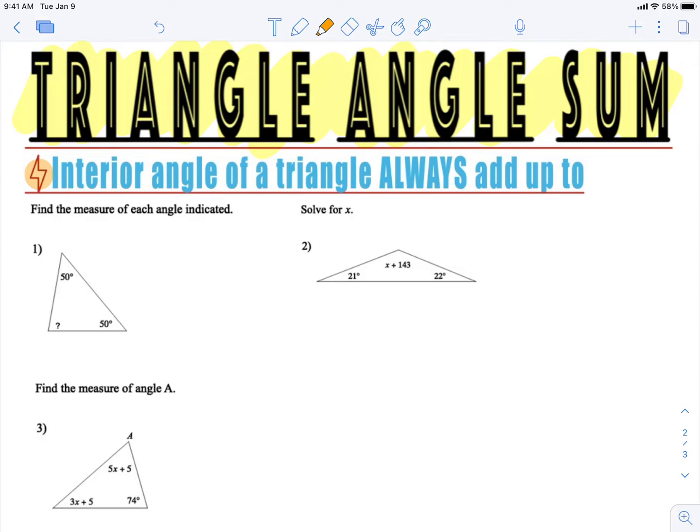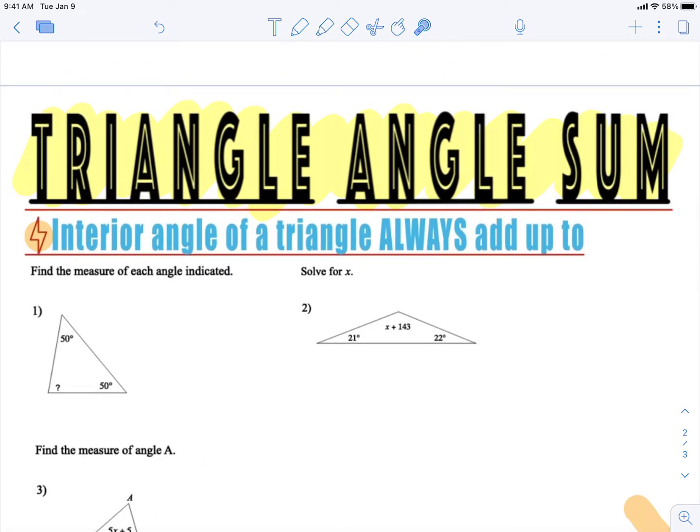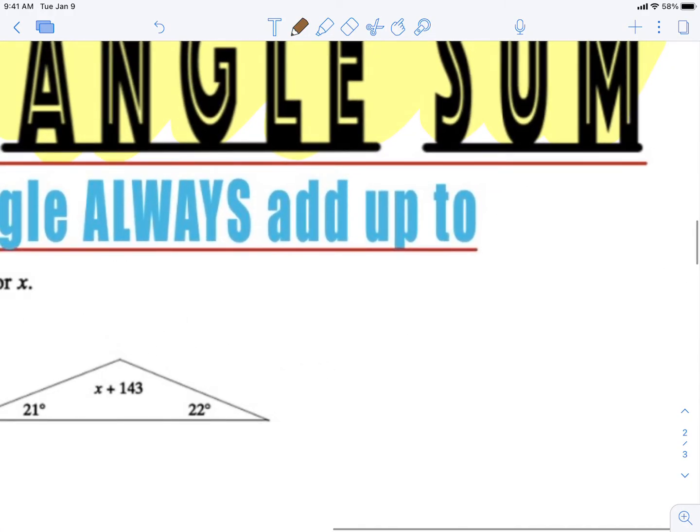What we're going to see is the first lightning bolt here says interior angles of a triangle always add up to 180 degrees.